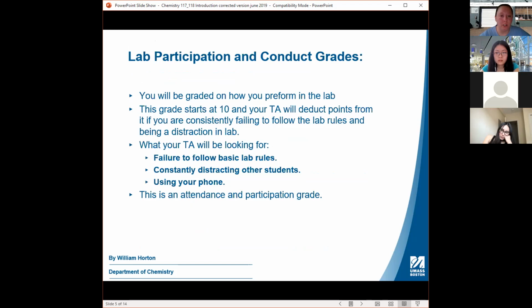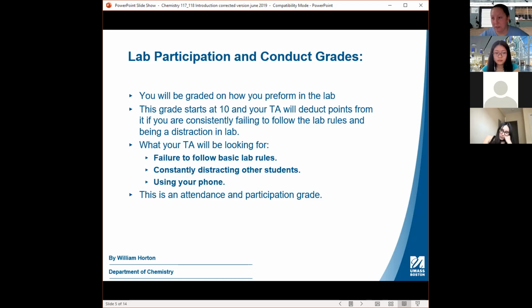So lab participation and conduct. So basically virtually just show up to class and be prepared. If we were in the lab, this would also include making sure like you're following all of the lab rules.